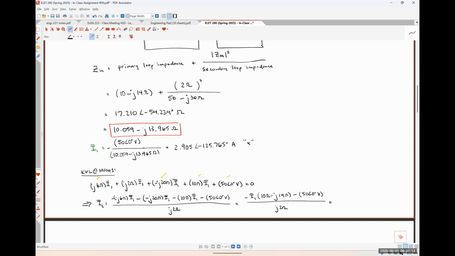So let's call that 0.1 with an angle of positive 175.198 degrees amps for I2. And I'm storing that as Y. So before we move on from this step, does anybody have any questions, comments, or concerns about what we did here?